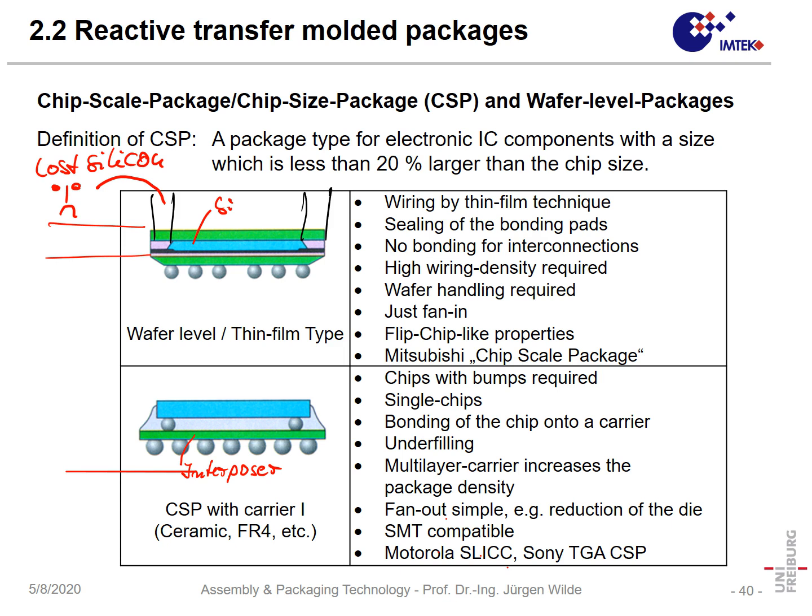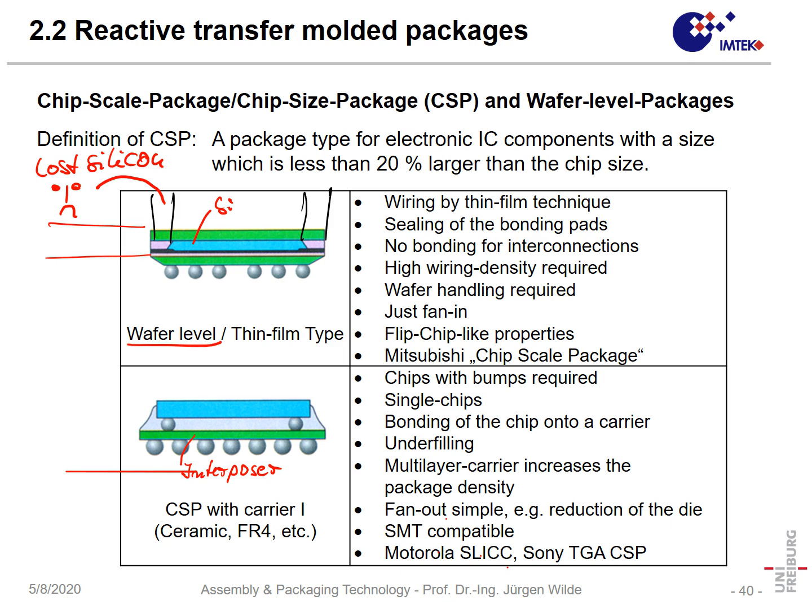And so nobody in a fab wants to lose just 1% of silicon, and that's a disadvantage of such packages. So that's one of the reasons why we do not see so many of these wafer-level packaged chips.